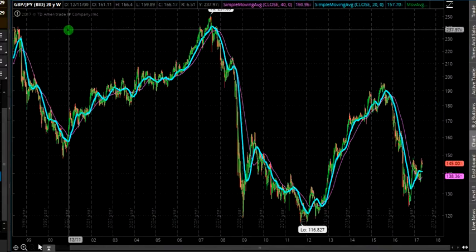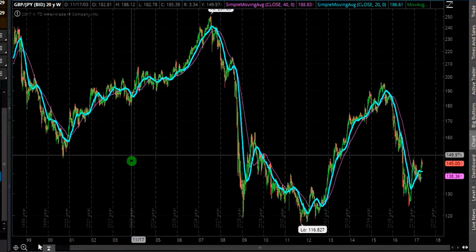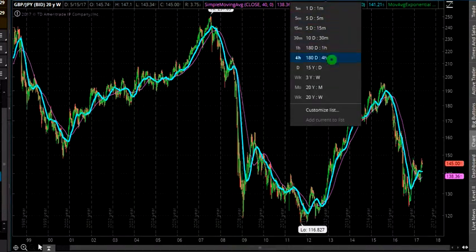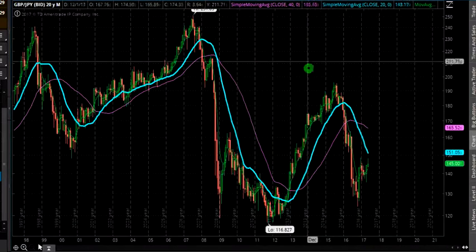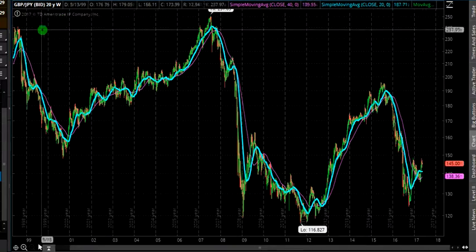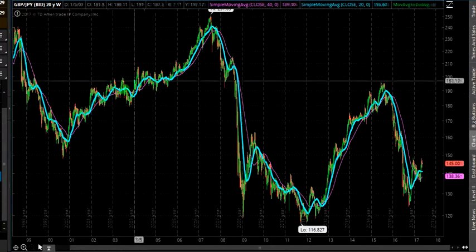You can see that you've got kind of this zigzag move here. If I could pull up a larger time frame, I'd pull up monthly. Nope, can't pull up a larger time frame, but to me this looks very, what's the word?